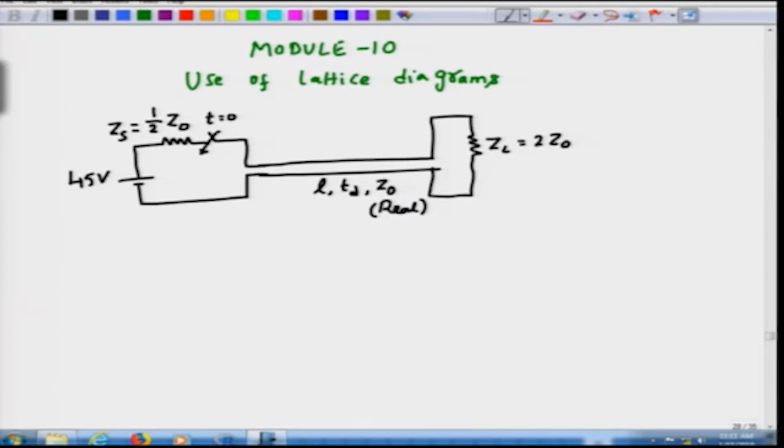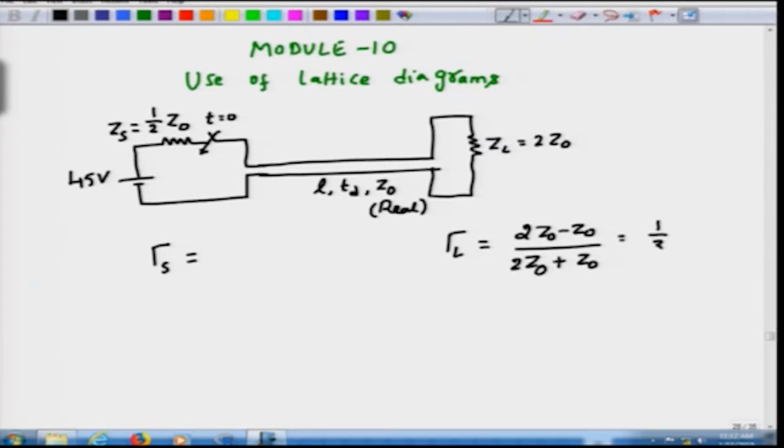Okay. So, immediately you can calculate what would be gamma L as well as what would be gamma S. Sometimes we would have used gamma G, but both essentially mean the same thing. G and S, generator and source, all refer to the source side itself. So, what is gamma L? From the well known formula that we have already developed, this would be 2 Z0 minus Z0 divided by 2 Z0 plus Z0.